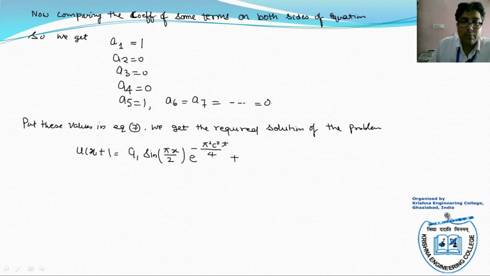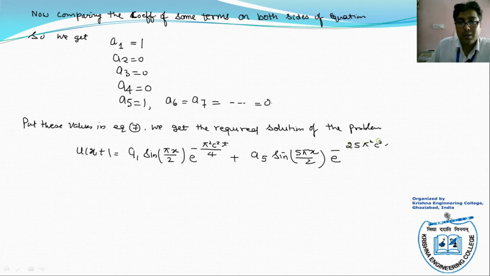Clear? Plus a4 is equal to 0, a2, a3, a4 is equal to 0. So we write only a5 sine 5 pi x by 2 and e to the power minus 25 pi square c square t upon 4.